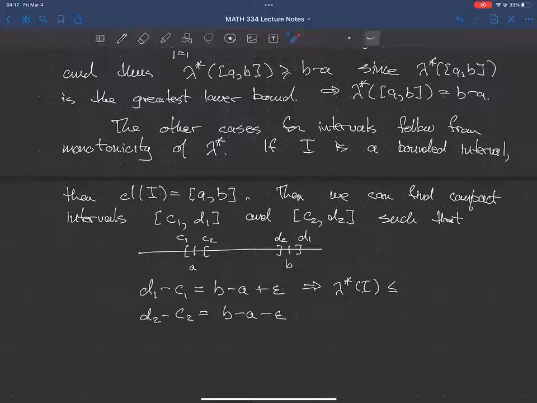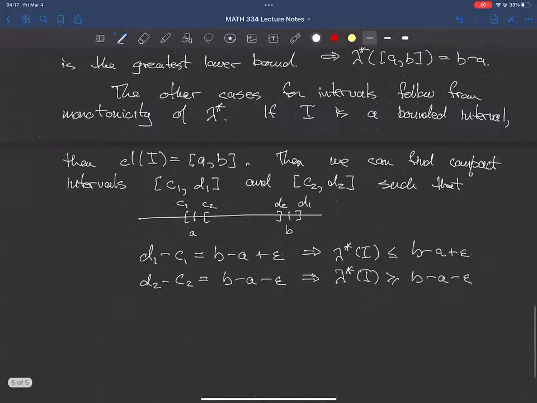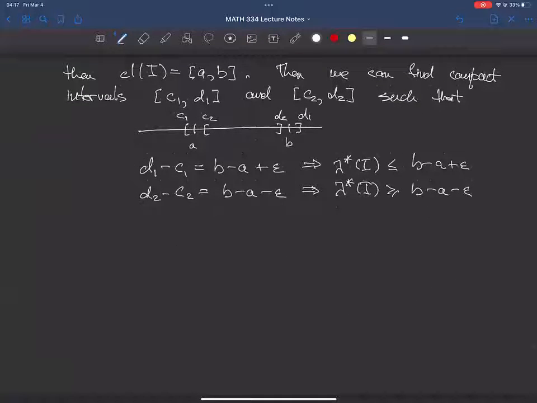So this is going to be less than or equal to the Lebesgue outer measure of this, but I know that that is d1 minus c1 because I just showed it for compact intervals, which is b minus a plus epsilon. Similarly, by going the other way around and using monotonicity in the other direction, I get lambda star of I is greater than or equal to b minus a minus epsilon, and epsilon can be arbitrary. So that covers the bounded intervals.